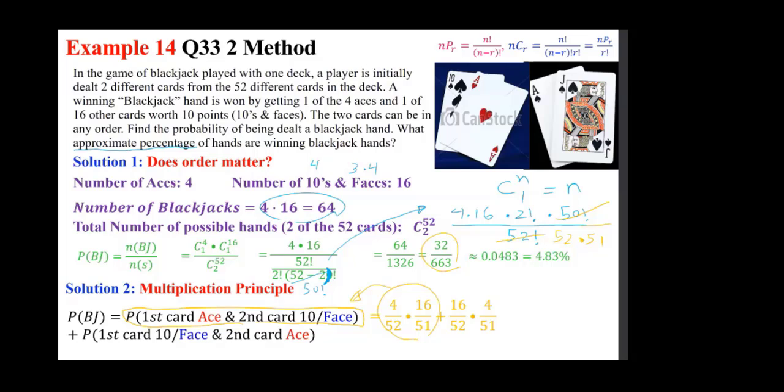With the second case, the first card is a 10 or face, and the second card is an ace. So it is 16 out of 52, times 4 over 51. They are dependent, so the sample size shrinks by 1 because one card is drawn.